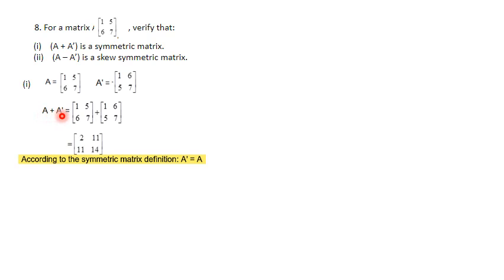We have to take the transpose of this matrix, A plus A transpose, the whole transpose. 2 11, first row will come here as first column. 11 14, here also will come as next column. When you check both A plus A transpose and A plus A transpose, the whole transpose, both are same. So what the conclusion is? It is A plus A transpose is a symmetric matrix.